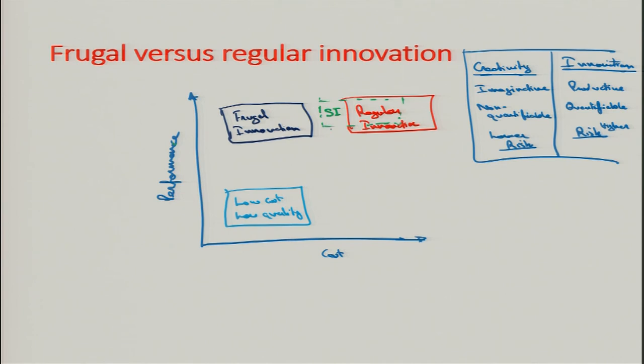This is sustainable innovation, and frugal innovation can have some intersection with sustainable innovations. It becomes something like this. Here SI is sustainable innovation.